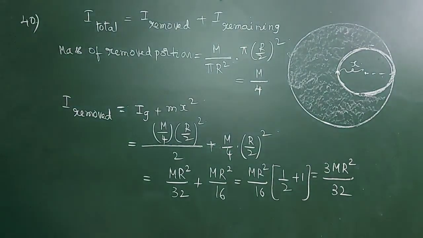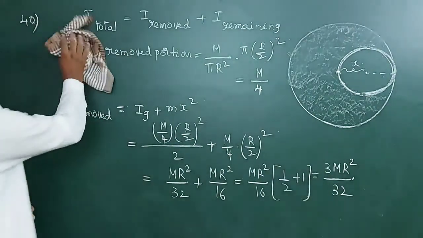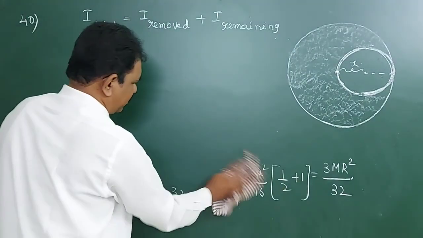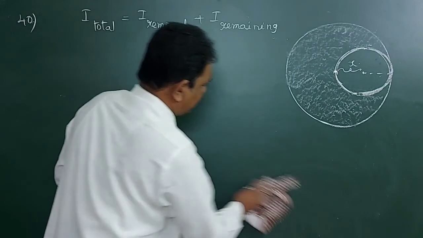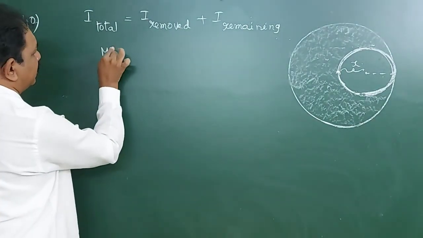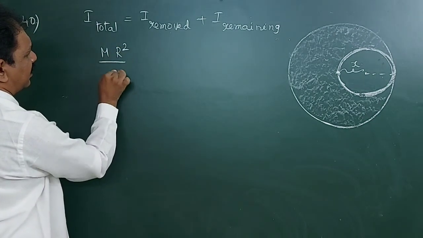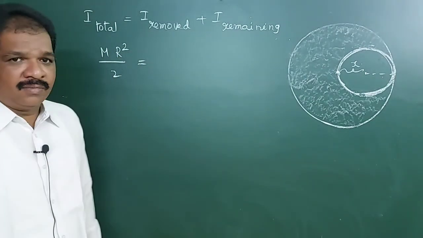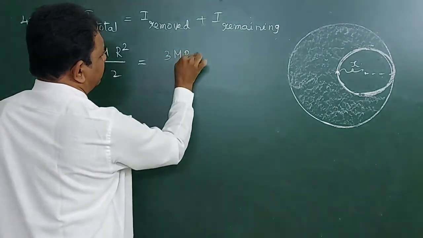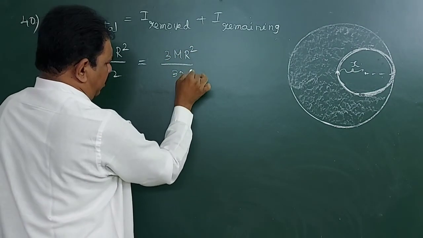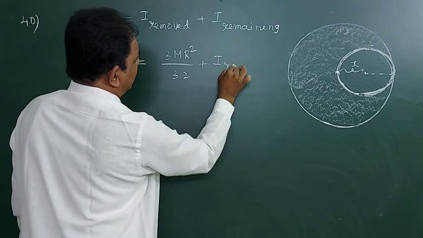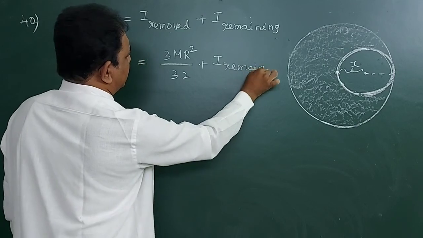Okay, now just substitute those values. I total, mass of the disk is m, radius is r, so the formula will be mr square by 2. I removed is 3 mr square by 32.